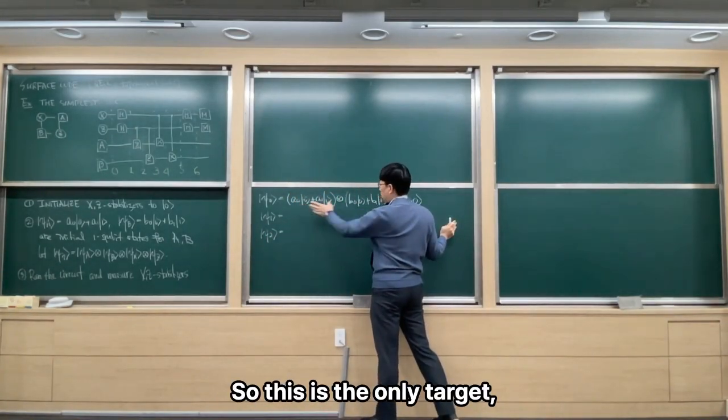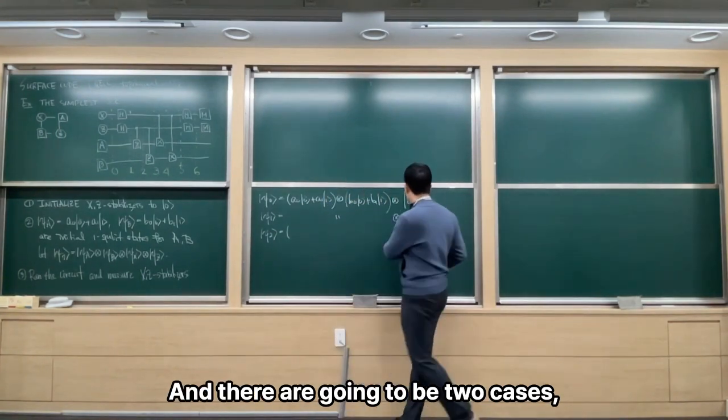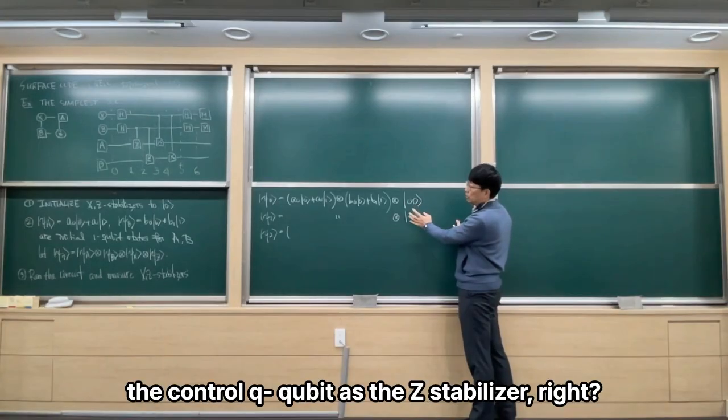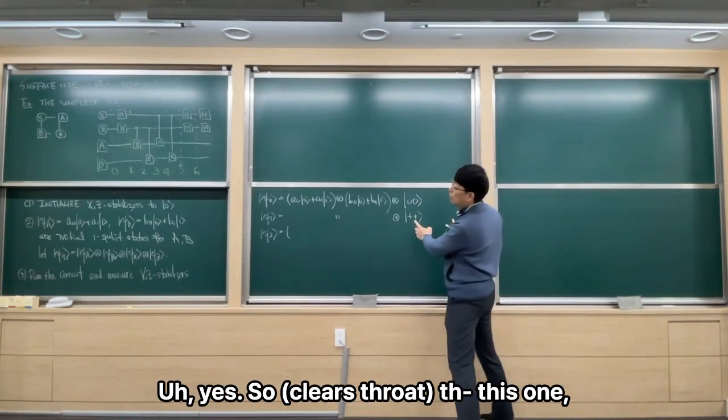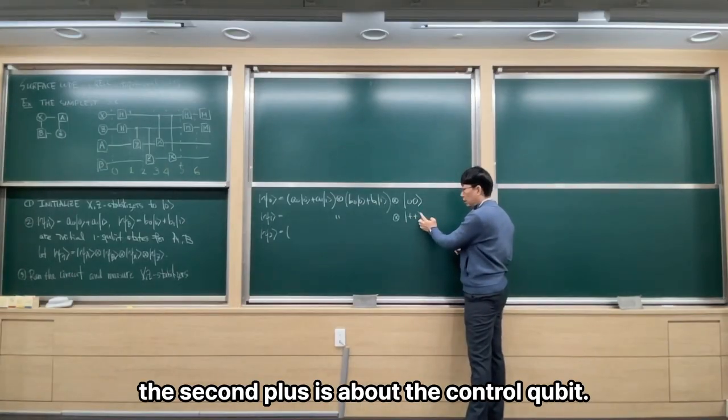This is the only target, so we don't do anything here. And there are going to be 2 cases. Because we only look at the control qubit as the Z stabilizer, right? Yes. So this one, the second plus, is about the control qubit.